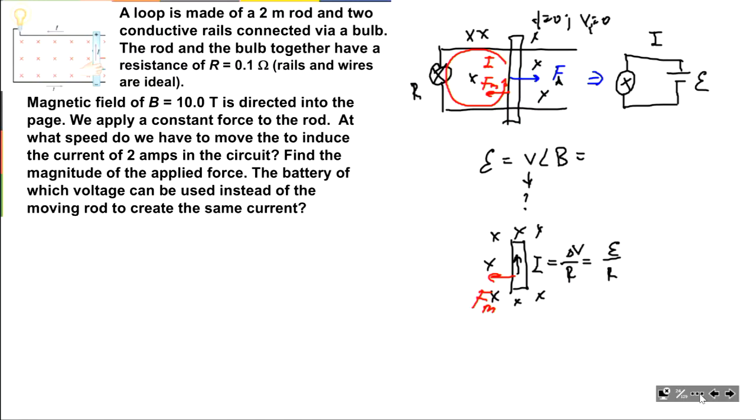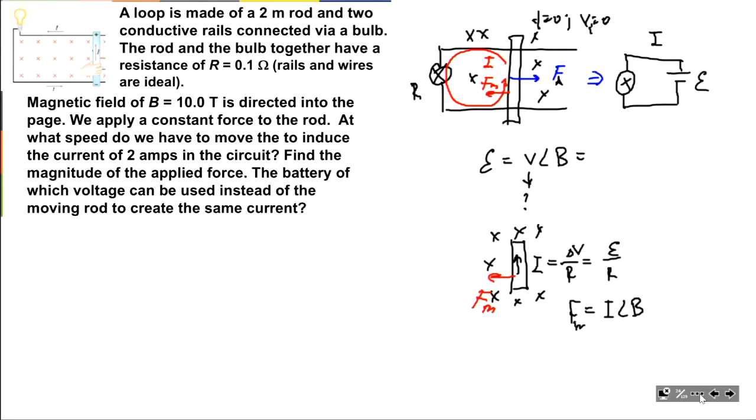And the magnetic force acting on the wire from magnetic field is equal to, everything is perpendicular to everything in this example, so there's an invisible sine of 90 everywhere.